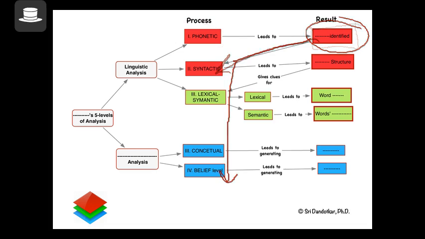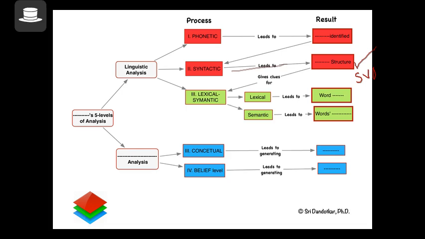The first one is syntactic processing, which creates a phrasal structure: subject, verb, object, the nature of the words, and the parts of speech the words play in a given sentence. This syntactic structure gives clues to the lexical and semantic aspects of each word.